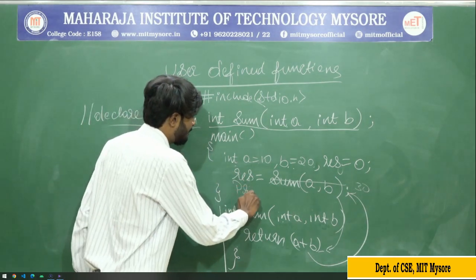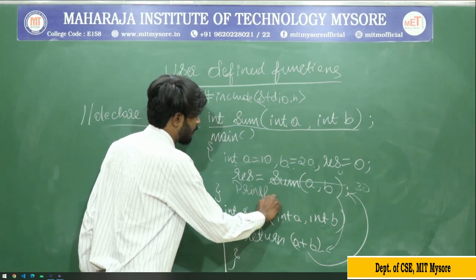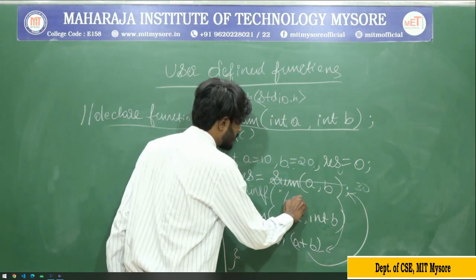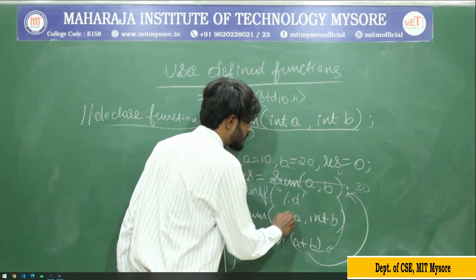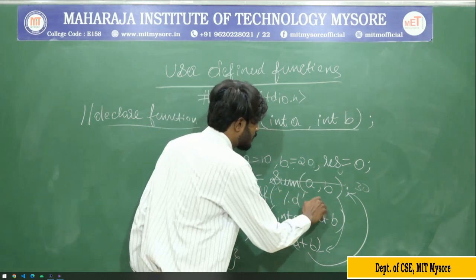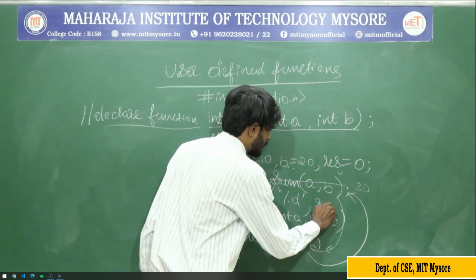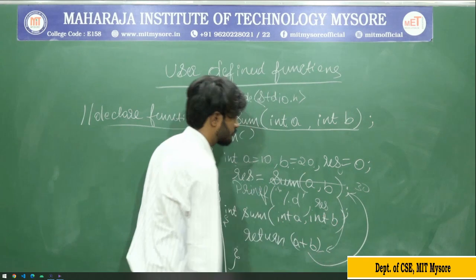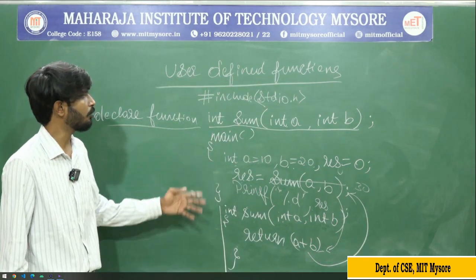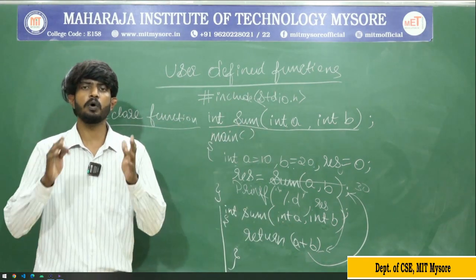After that you can print that information. %d, this is the format specifier, comma, the variable name res. Okay. So this is how a simple function works.